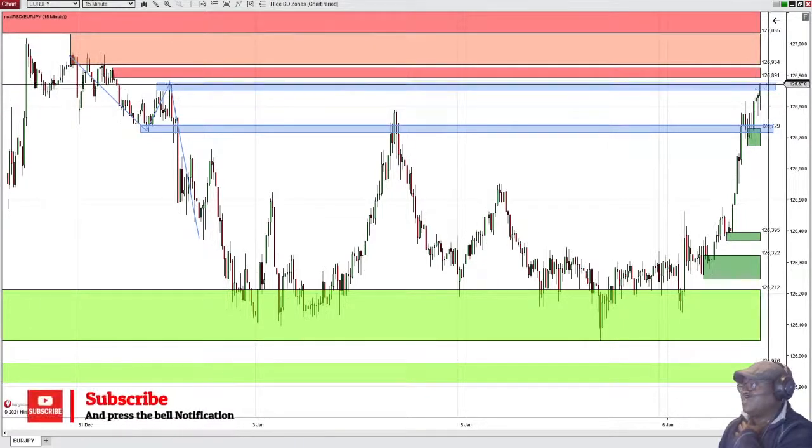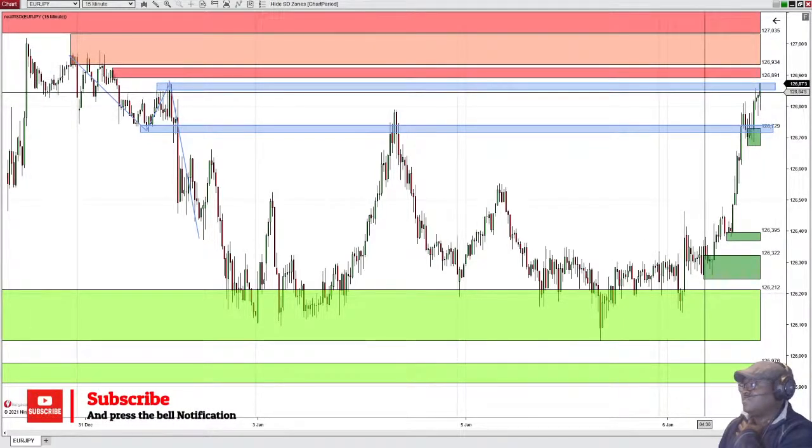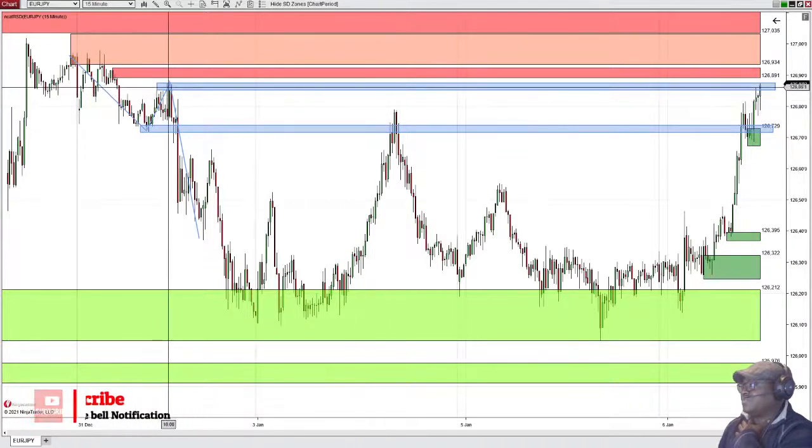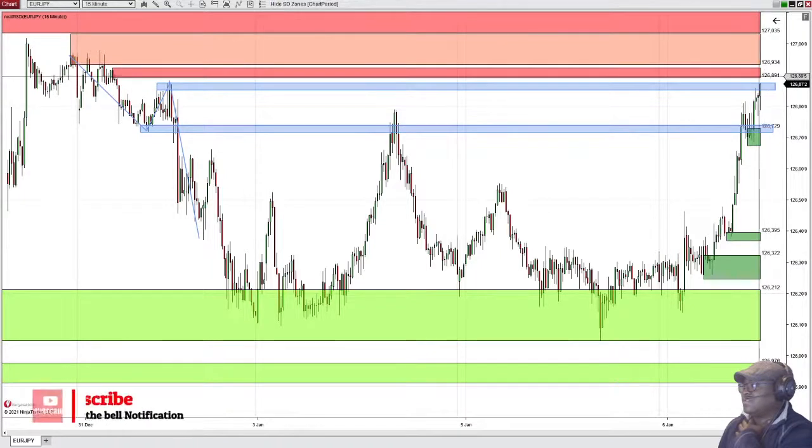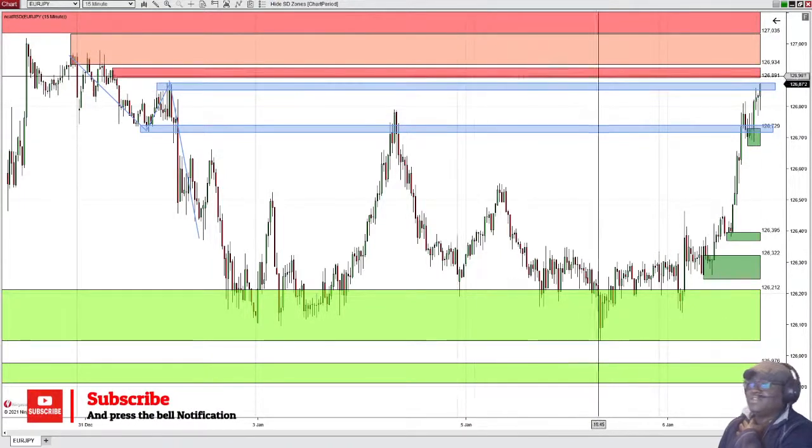So now there is a push up on Euro Yen. Let's see if it's going to break this high and go on to test this 126.89.